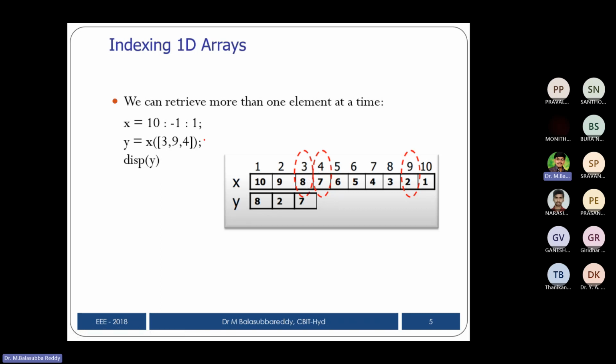In this case, we can pass the values as an argument in index fashion as well: x of [3 9 4]. That position's values are going to be assigned to y. Then you will get 8. Then the ninth position is 2. Then the fourth position is 7. So 8, 2, 7 is your answer. So like that, we can retrieve the information, specific values.